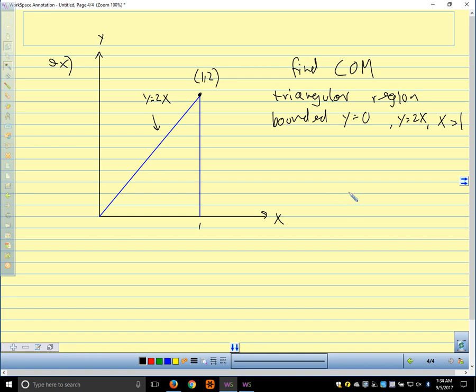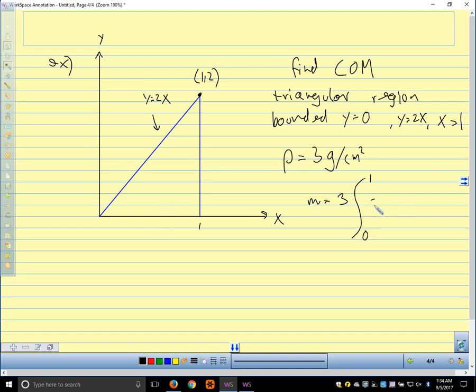All right, so let's find our mass first. I'm going to say rho is 3 grams per square centimeter for this particular thing. So our mass is just going to be the integral of rho times, integrating from 0 to 1 with respect to x, f of x minus g of x.